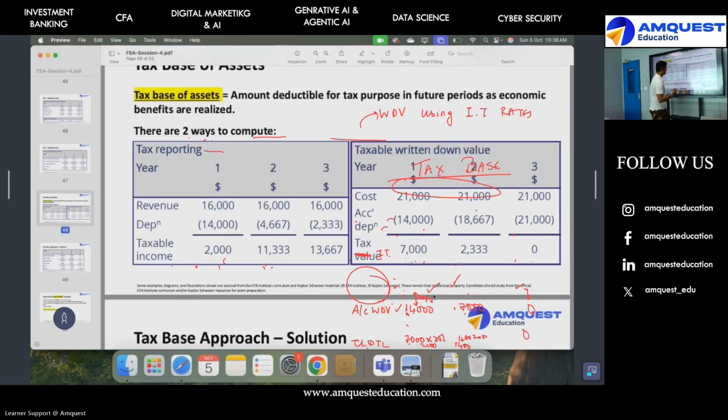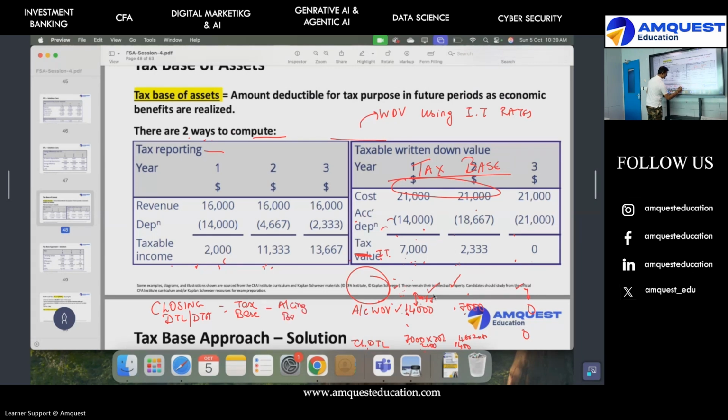And that is proof here that closing DTL is 0. So make a note of this formula somewhere. Closing value of DTL or DTA is equal to tax base minus accounting base.